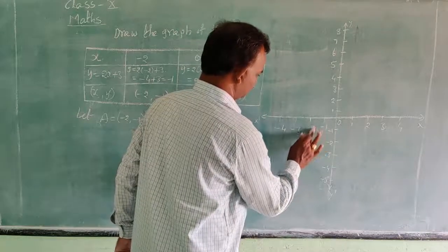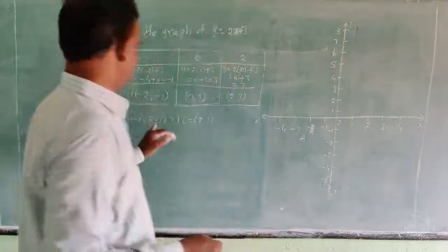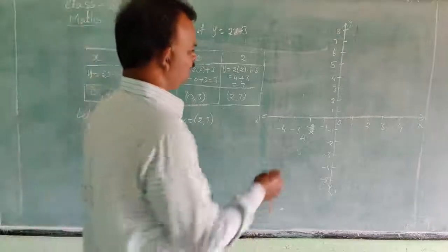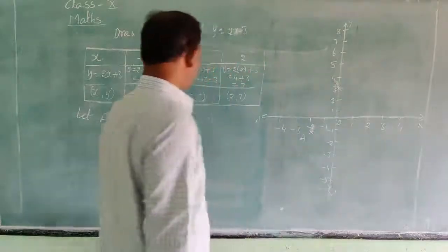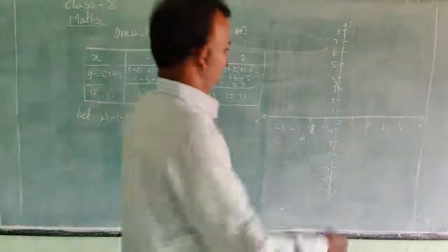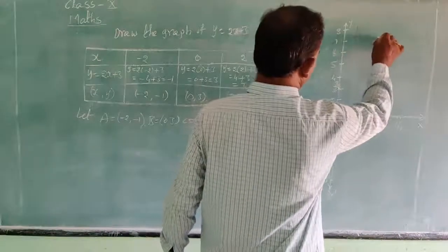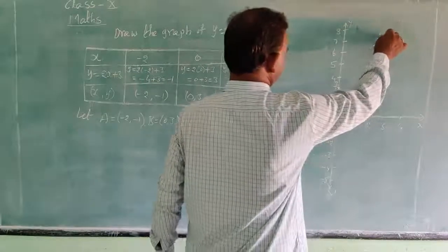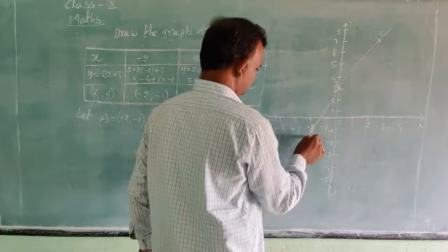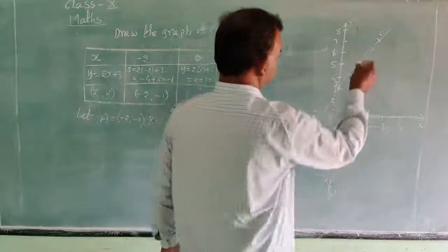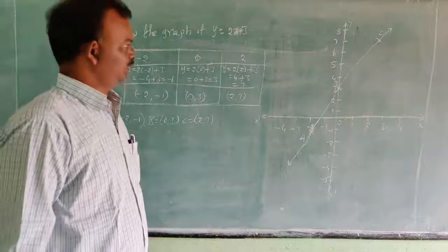Here the point A. And B 0 comma 3, x value is 0, y value is 3, here the point B. And next one is 2 comma 7, x value is 2, y value is 7, here the point C. Join these points by using the scale and extend it.